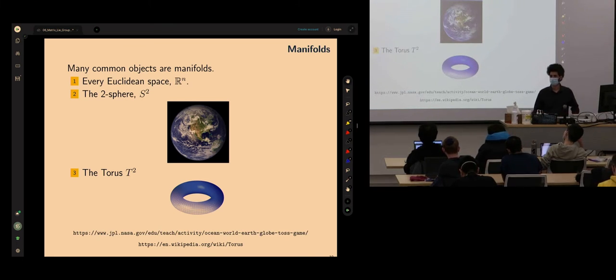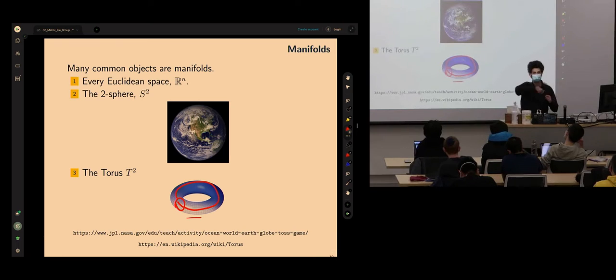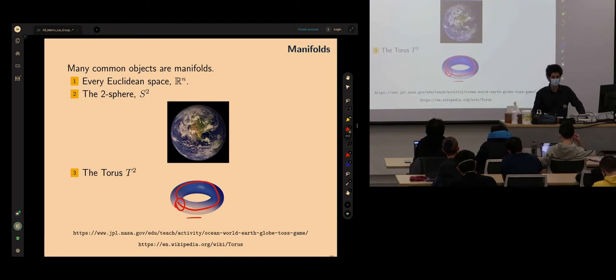It's a flat space, R3. This shape is called a torus. You have one circle like this, and then you have a second circle like this. So move that circle around the other circle, you get a shape that's called a torus. That's also a manifold.